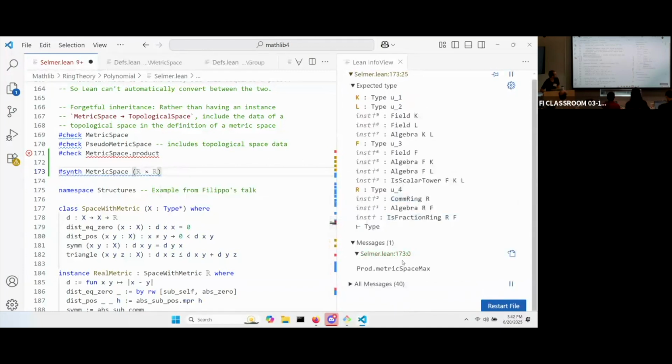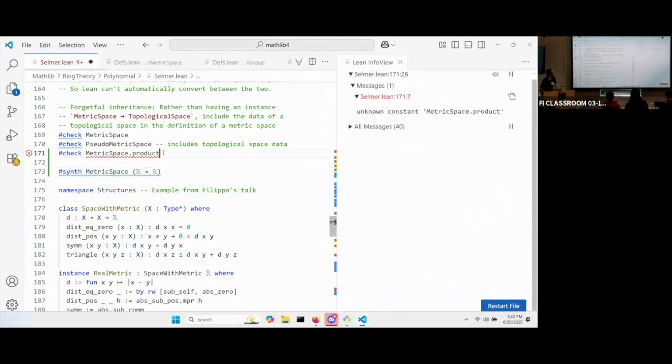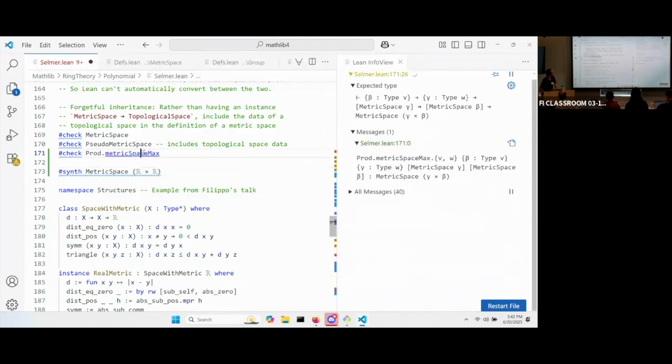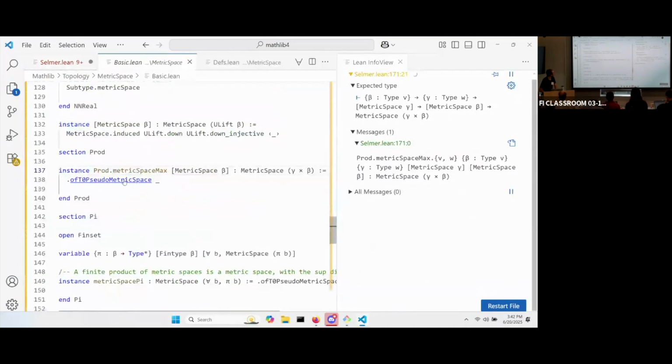It finds this Prod. Okay. Prod dot metric space max. Yeah, no, it makes sense. Of course, it makes sense in hindsight. The product metric space, not L2 or L1. That's not top, that's T0P. T0 pseudo. Yeah, that's right.